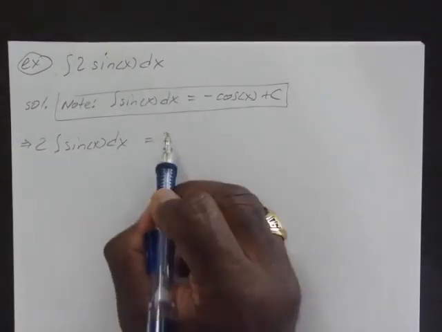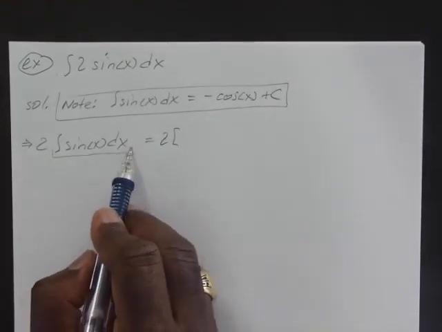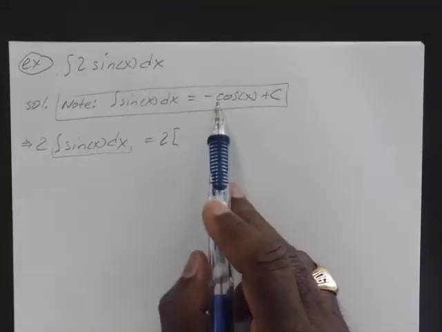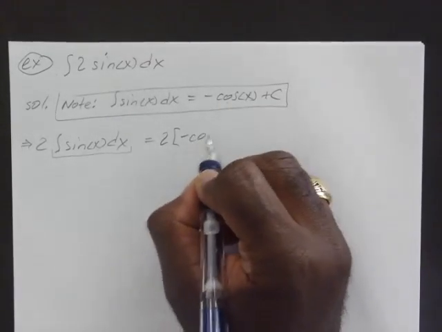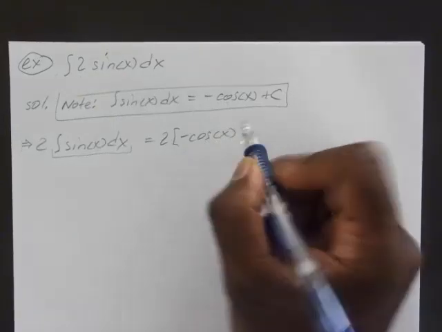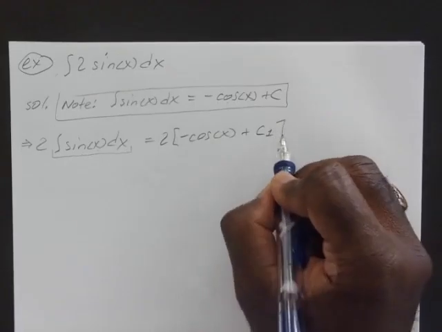Okay, so that gives us 2 times the antiderivative of sine of x with respect to x. We can replace that with negative cosine of x plus some constant. We'll call that constant c number 1.